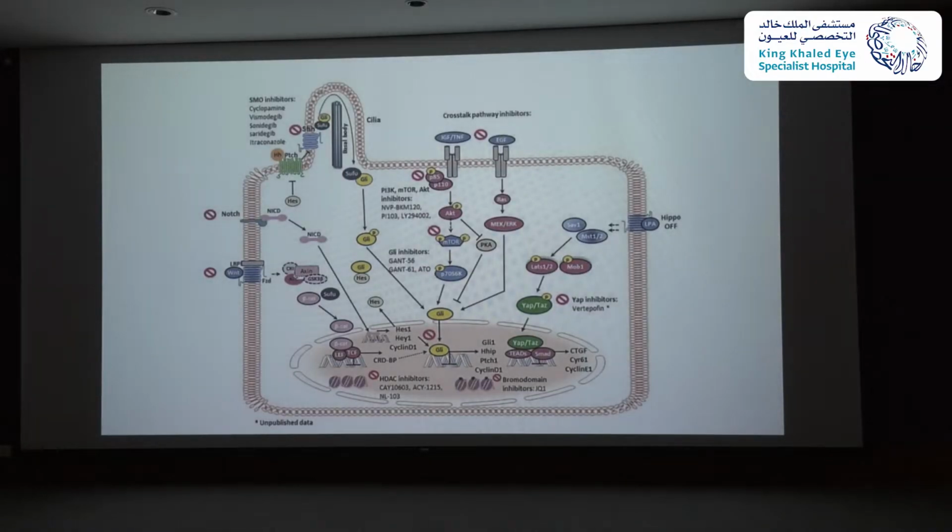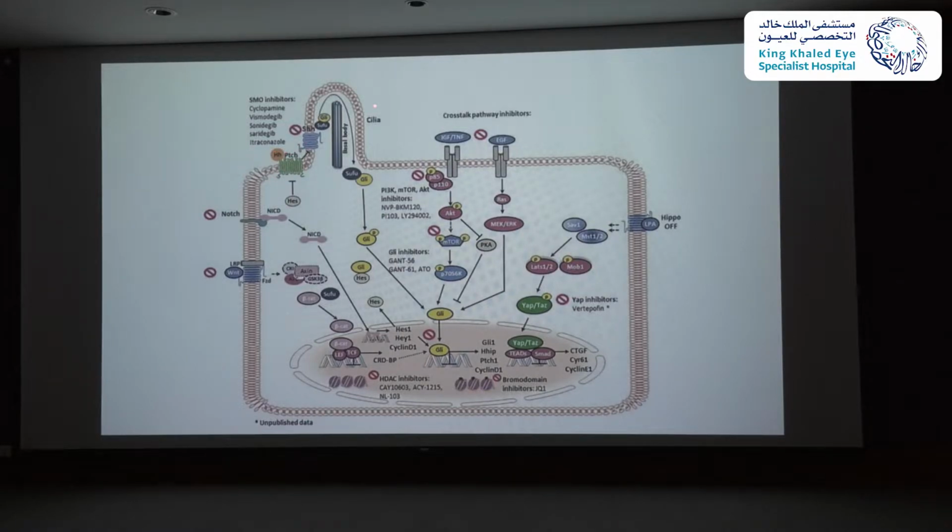How does it work? We have the PATCHED1 protein, which is a membrane protein located on the cell surface, acting as a repressor of the cascade by inhibiting the smoothened or SMO protein. Once this is inhibited, the cascade that leads to transcription of several factors that lead to multiplication of cells is inhibited.